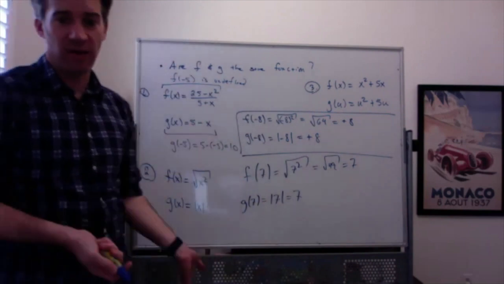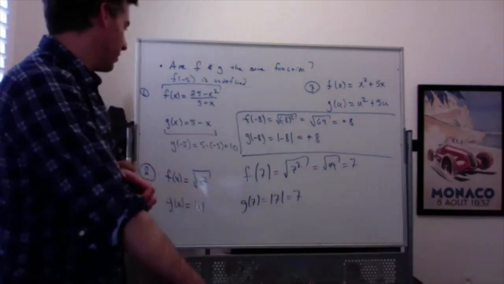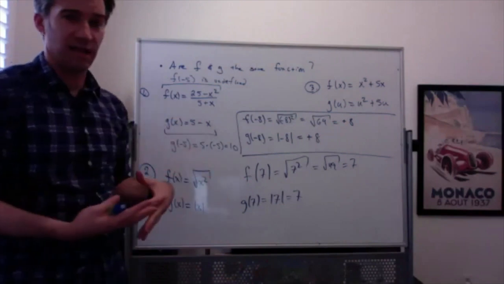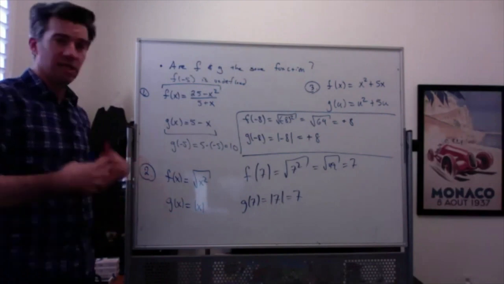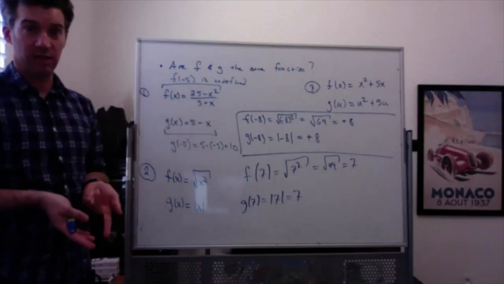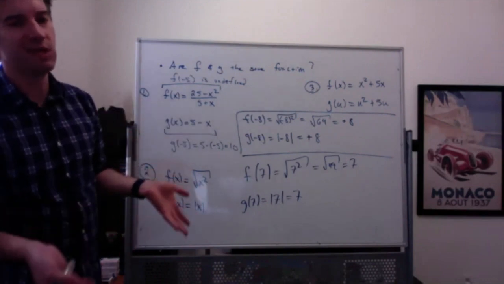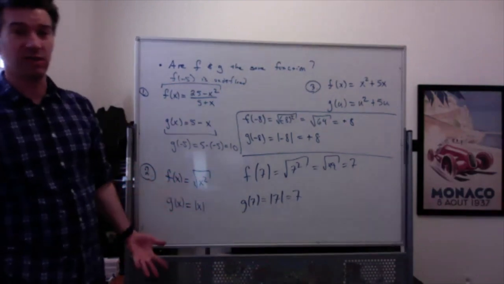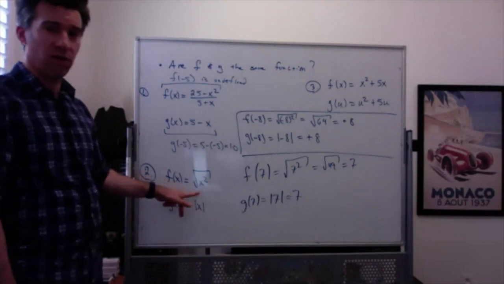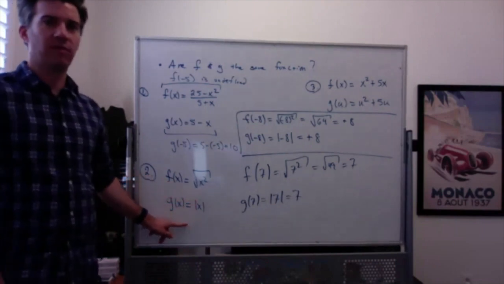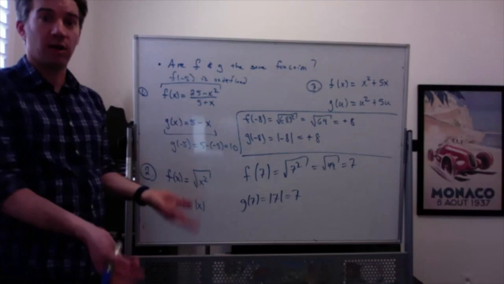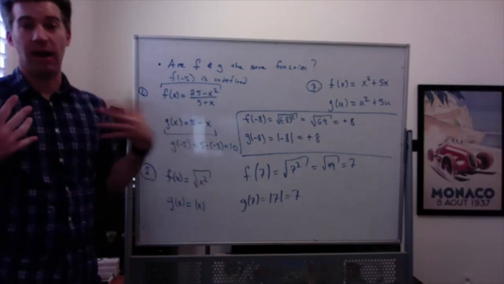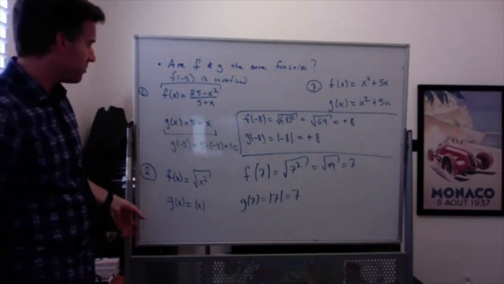Now, this isn't every possible number you could plug in, but we can see that no matter what we plug in, if x is positive or if x is negative, both f and g give you back the corresponding positive number. And so really this is illustrating that the square root of x squared and the absolute value of x are actually the same function. So if you see the square root of x squared, you should think, oh, I have the absolute value of x. No matter what I plug in, if it's positive, I just get back what I started with. If it's negative, I get back the corresponding positive number.